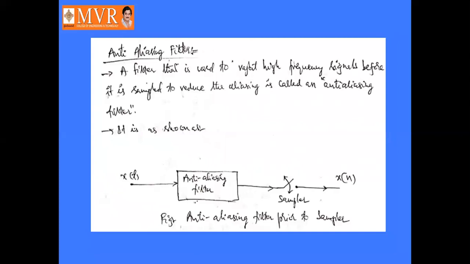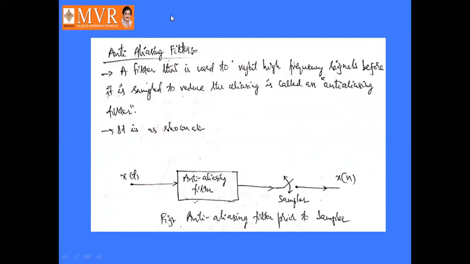Next, we are going to discuss the anti-aliasing filter. A filter that is used to reject high frequency signals before it is sampled, to reduce the aliasing, is called an anti-aliasing filter.